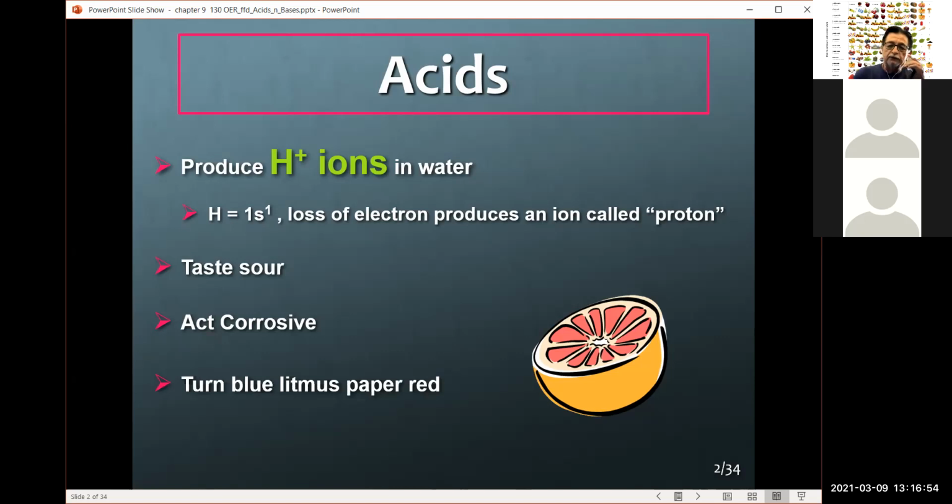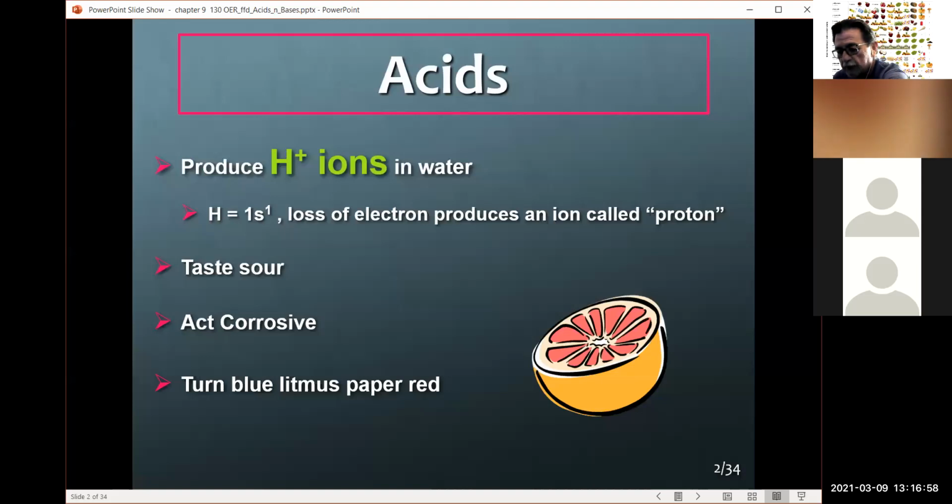Now, one way to determine whether a solution is an acid or not is with pH paper, but there's also blue or red litmus paper, just litmus paper. It doesn't tell you the extent of acidity, because we're going to learn that acidity has a pH value range.